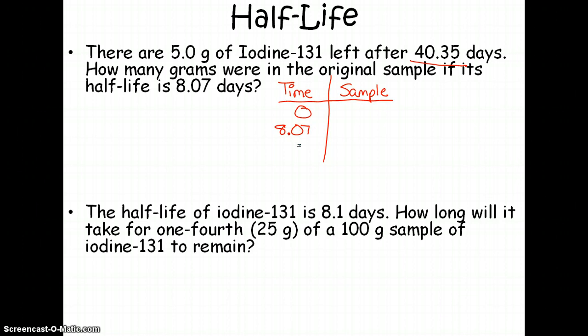So we got 8.07 plus 0. Then 8.07 plus 8.07 gives us 16.14. Plus another 8.07 gives us 24.21.